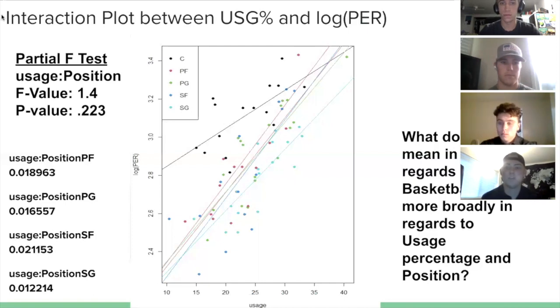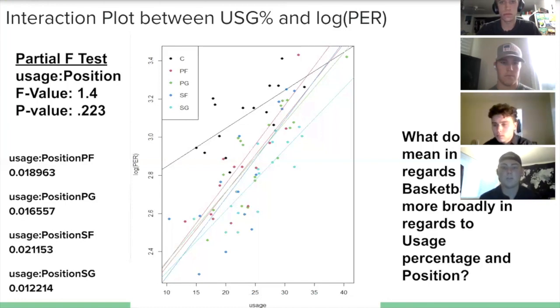Now, this makes sense as the NBA has been moving towards a more spread out style of play, shooting more threes. So they like to spread the floor and only keep the center in to pretty much play defense and rebound the ball. Now, the interaction plot, as seen, is not that significant. So it shows that the slopes for each of these positions are actually not all that different for our sample.